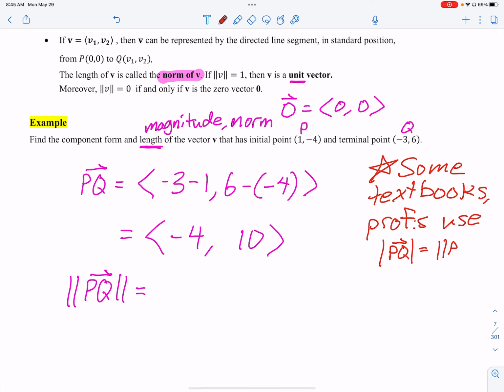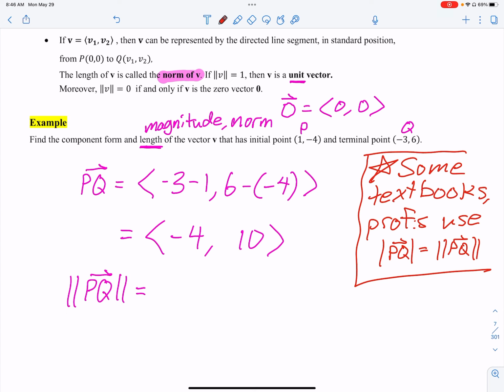to mean magnitude. The reason I don't like doing it, and they have a valid reason to not care, is because the straight bars remind me of absolute value. But if I think about what absolute value means, it means distance from 0. Absolute value doesn't make sense to use if I'm talking about a vector, right?